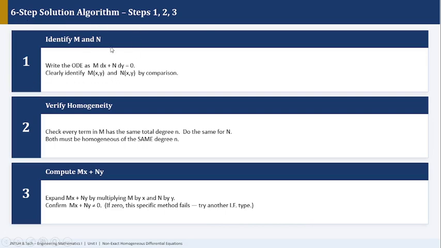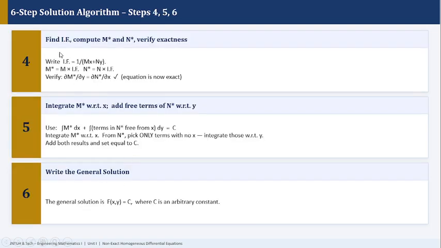First, identify capital M and capital N. Verify the homogeneity. That means each term in M and N has the same total degree n, then it is called a homogeneous equation. Then compute Mx plus Ny, that is, multiply capital M with x and capital N with y, and add. Find the integrating factor 1 by Mx plus Ny, right?